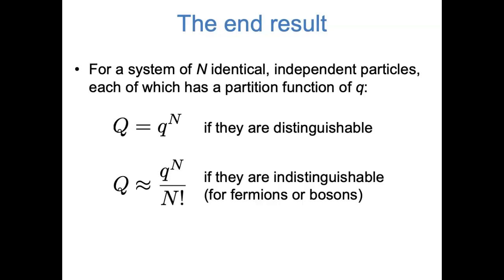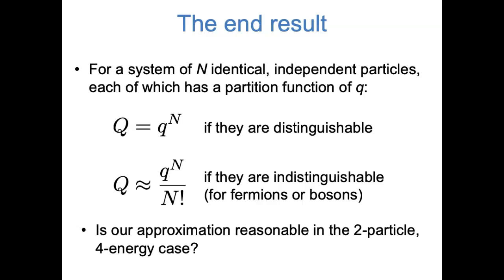We now know that we can take this partition function for distinguishable particles and divide it by n factorial, the number of permutations of n particles, to get a reasonable approximation for the partition function of indistinguishable particles, regardless of whether they're fermions or bosons. So we can make the approximation that the partition function for a multi-particle system, capital Q, is approximately equal to q to the n divided by n factorial.